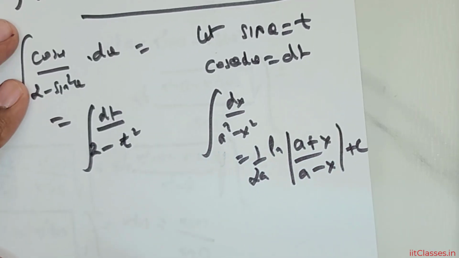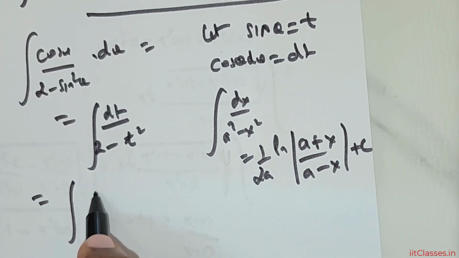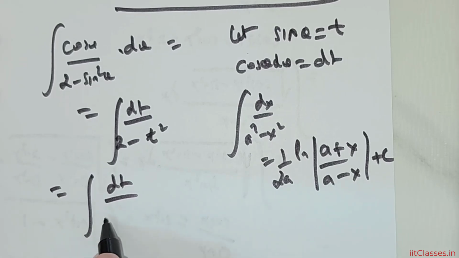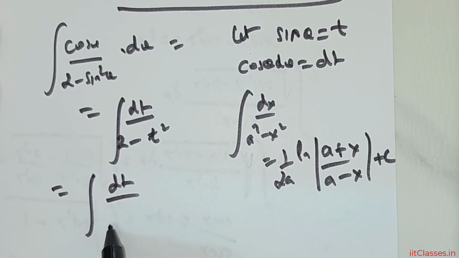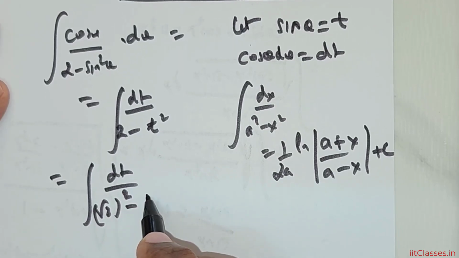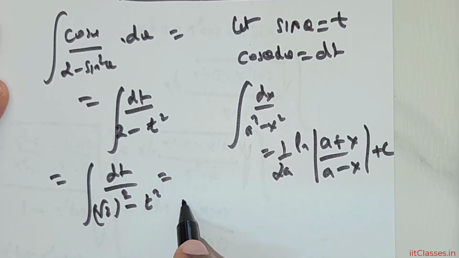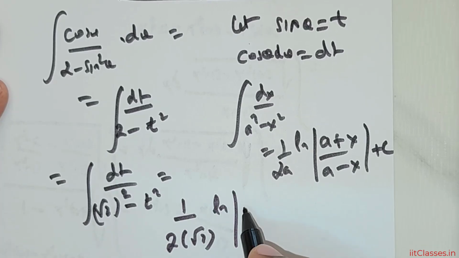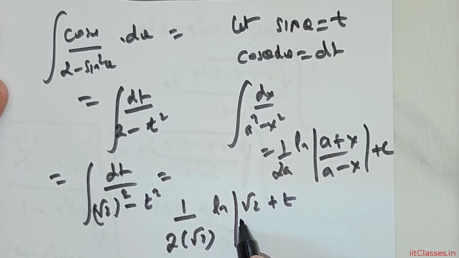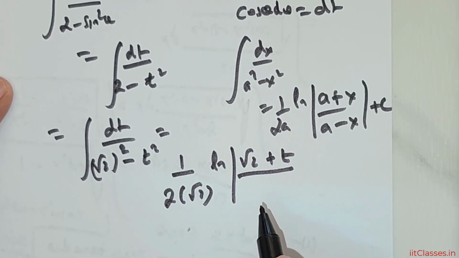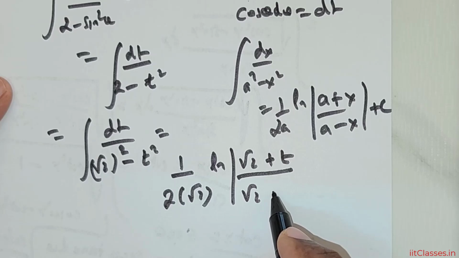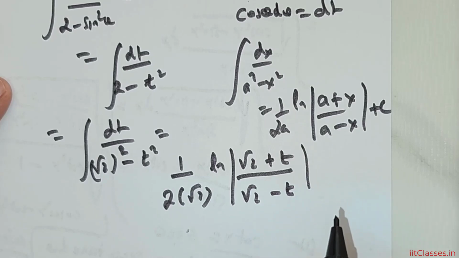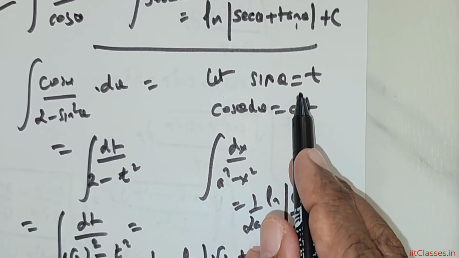This is the formula. So this can be rewritten as integral dt divided by, this is a standard formula by the way, and you can refer to my previous notes, I have proved it. So I'm going to rewrite this as root of 2 squared minus t squared, which is equal to 1 over 2 times a, which is root of 2, ln modulus of root of 2 plus t over root of 2 minus t. Okay, fair enough. Now what is my value of t?